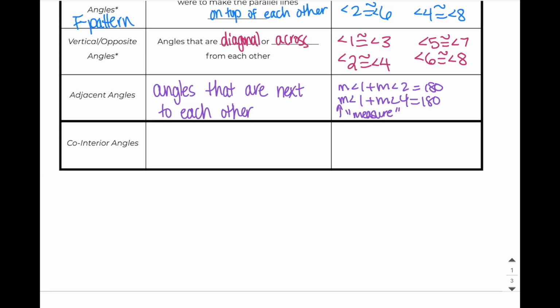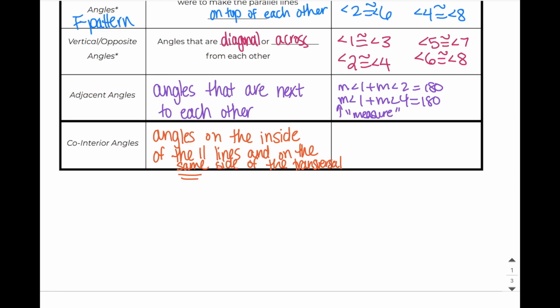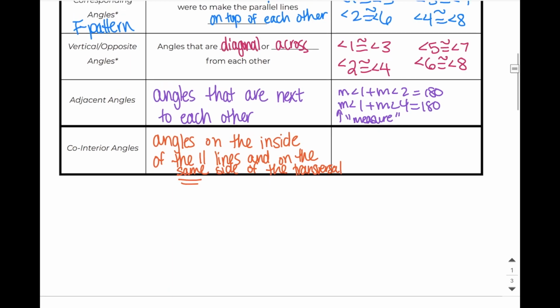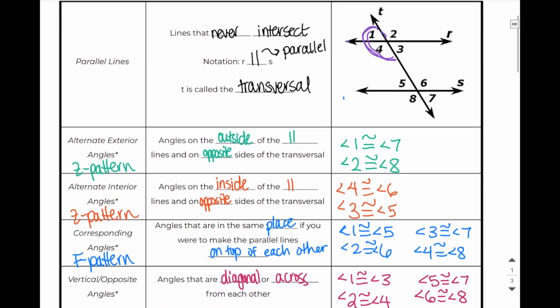Last definition is co-interior angles. And these are angles on the inside of the parallel lines and on the same side of the transversal. So if I were to look at the lines that I have up here, interior angles, just a reminder, would only be 3, 4, 5, and 6 because they are on the inside right here.